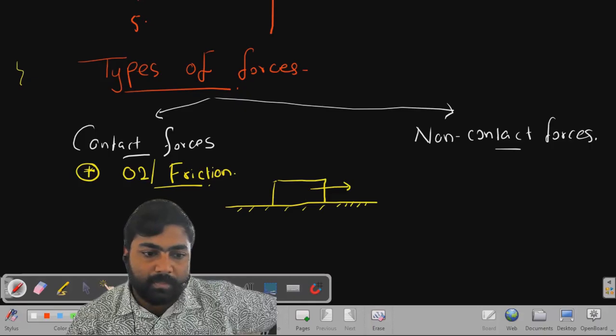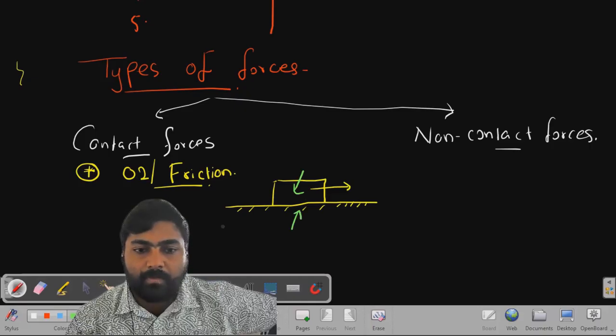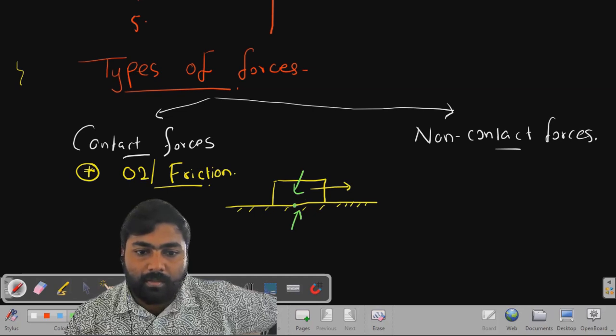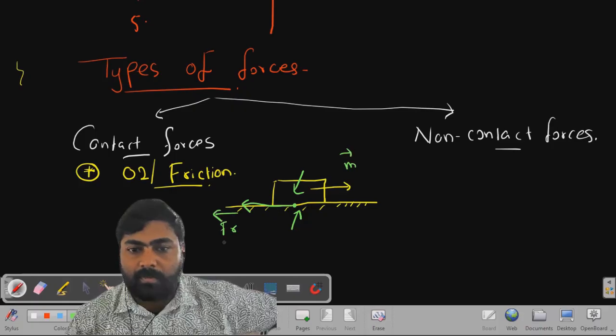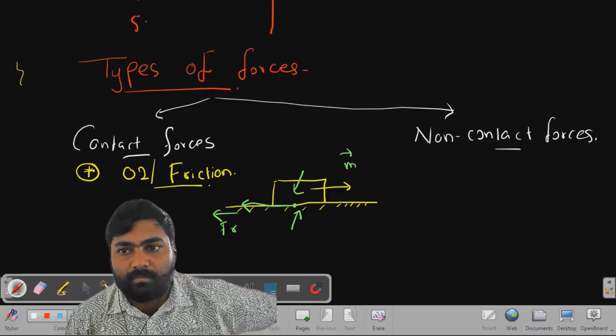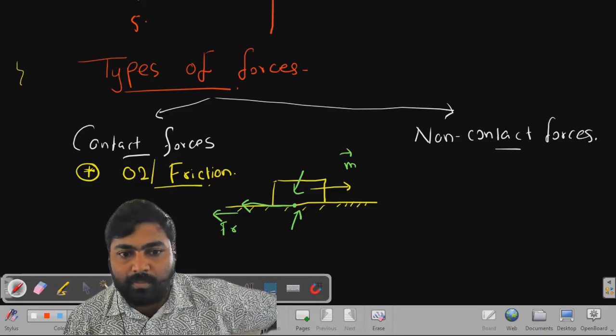Due to the friction between this object and this surface, a force is generated opposite to the moving side. If this is moving to this side, friction force is generated to this side. Actually, that is a kind of obstacle to moving an object.